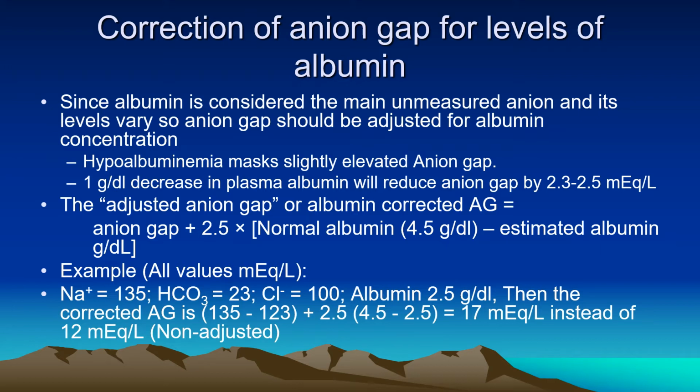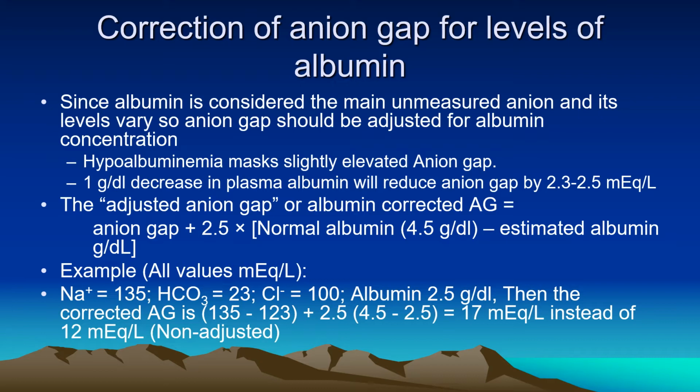It is said that hypoalbuminemia will mask elevation of anion gap, and 1 gram reduction in the plasma albumin will mask or reduce anion gap by 2.3 to 2.5 milliequivalents per liter. Obviously, there is a need for adjustment of anion gap vis-a-vis the level of albumin, and this is called the adjusted anion gap or albumin corrected anion gap.